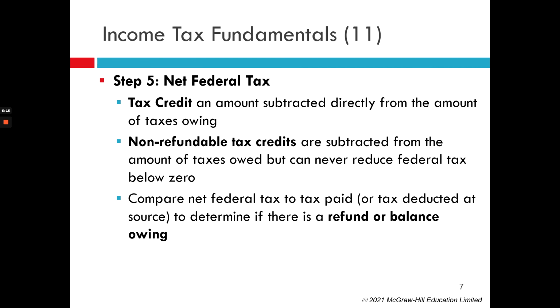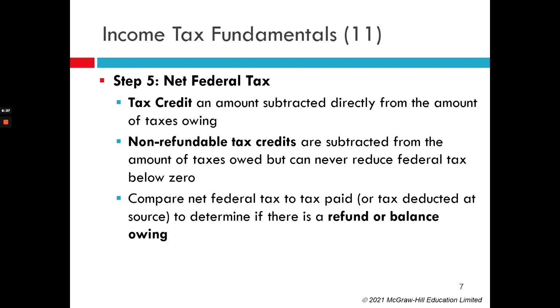In practice, you'll hear people say tax credit to refer to both numbers. We'll be dealing primarily with non-refundable tax credits. Refundable tax credits are a separate thing. Once you have subtracted off your tax credits from your federal taxes payable, you get net federal tax.